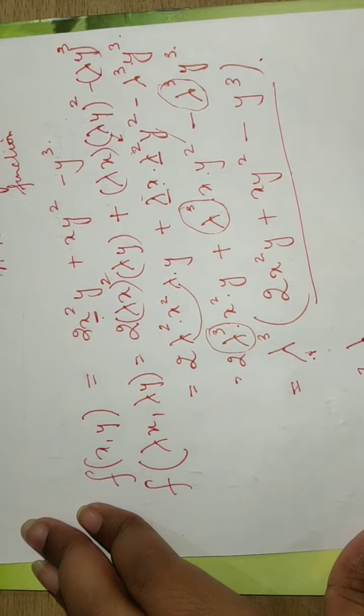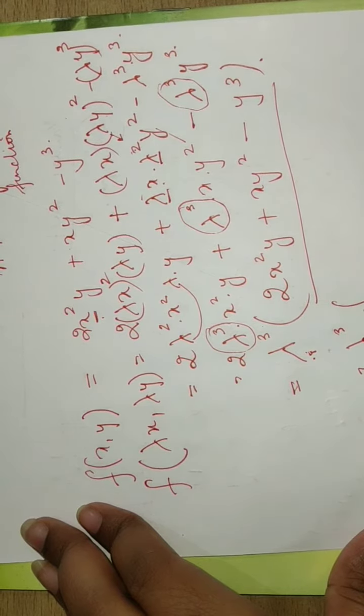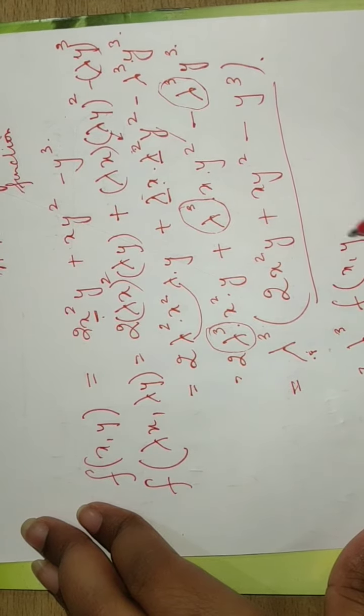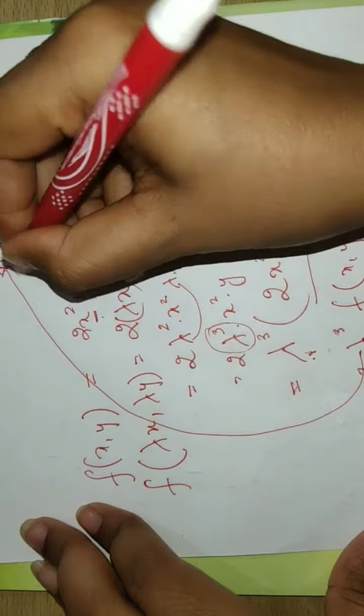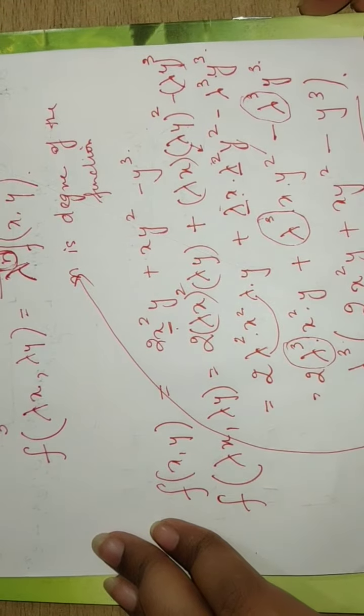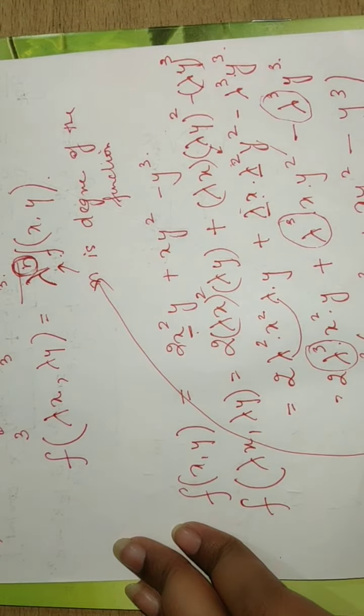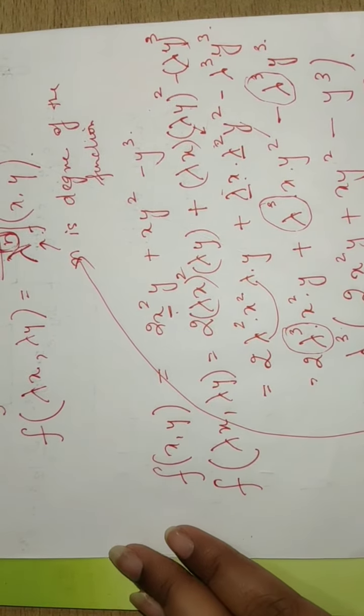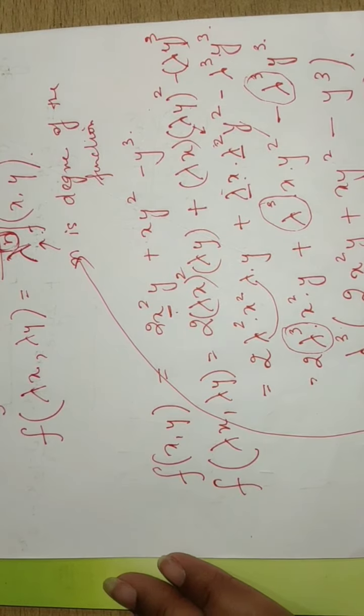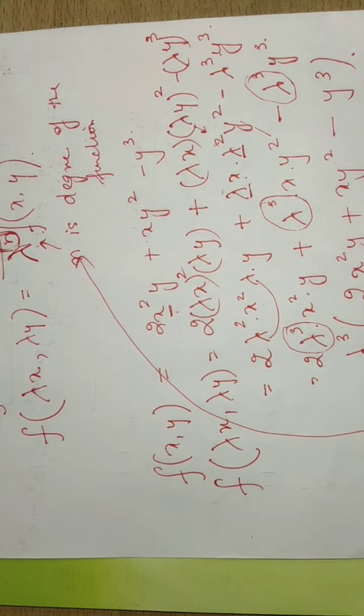This is what we have got. This is the function of x and y, what we discussed over here. Now in case of complicated questions, how do we find out the degree of the function?